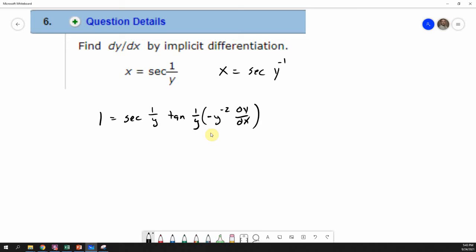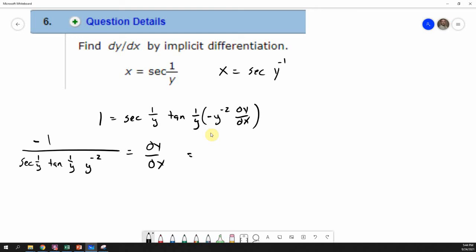All right, so now I need to divide by everything to get the dy dx, because all these things are being multiplied together, right? So I need to divide by everything. So if I divide by secant 1 over y, tangent 1 over y, and negative y to the negative 2, that will equal dy dx.